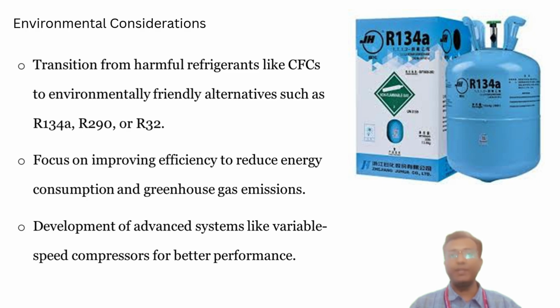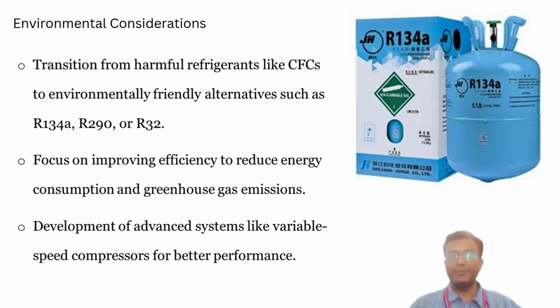Another focus is improving efficiency to cut energy use. A more efficient vapor compression refrigeration cycle with higher COP reduces electricity demand, lowering carbon emissions from power plants. Think of an air conditioner. If it uses 20% less power, that's a win for your bill and the planet.